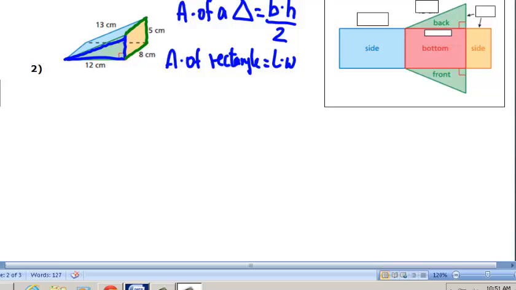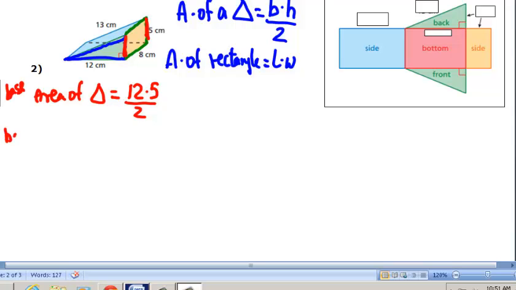Okay. In order to figure out this one, see this height? That height is that 5. So the area of the triangle in this case is 12 times 5 divided by 2. So we know there is another triangle, which is, this is the base.